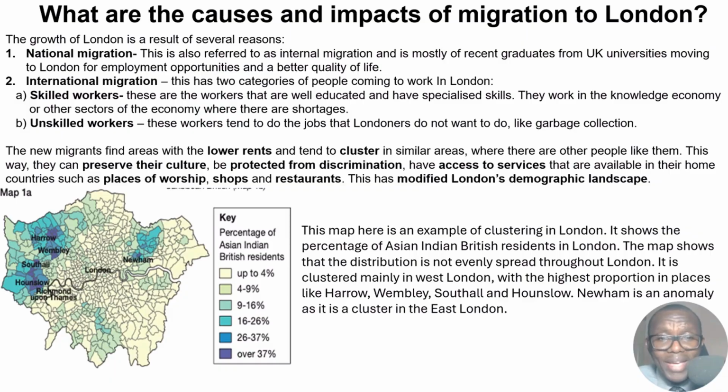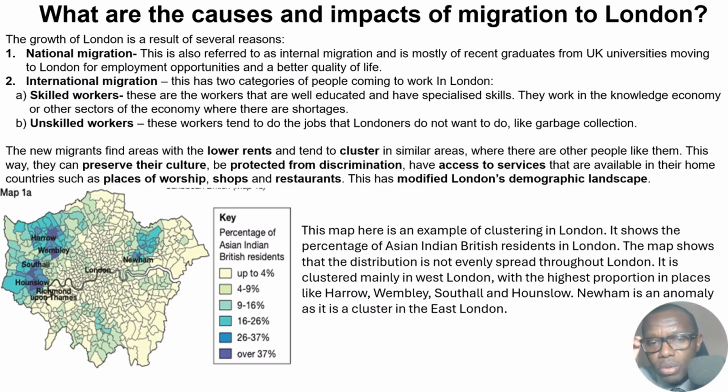Okay, and then the second cause of London's growth is international migration, and this type of migration, as we saw mentioned earlier, has two categories of people who are coming to work in London. One category is skilled workers, and these are the workers who are well educated and have specialized skills. These kinds of workers are likely to work in the knowledge economy or other sectors of the economy where there are shortages.